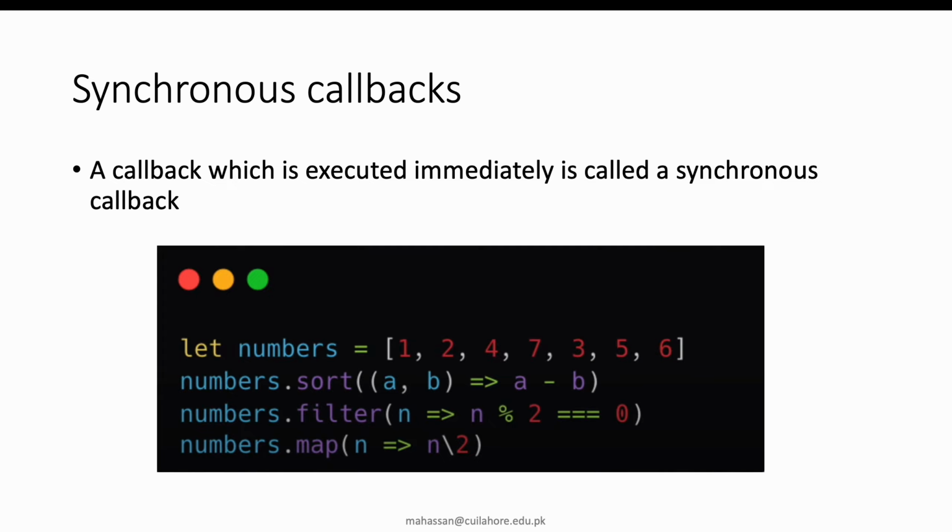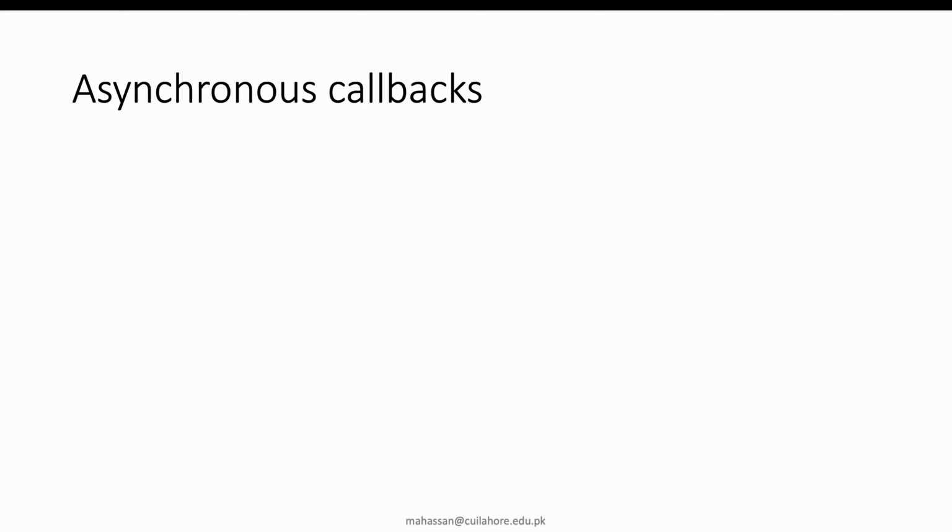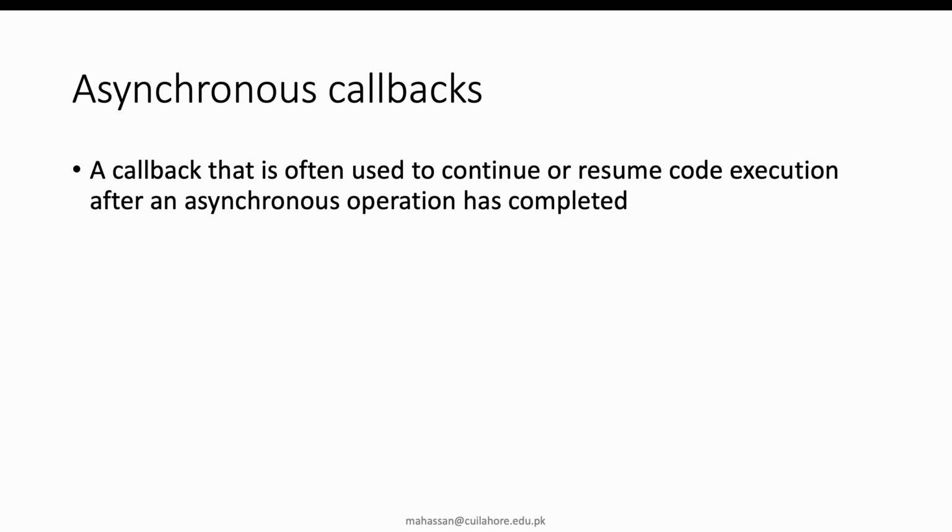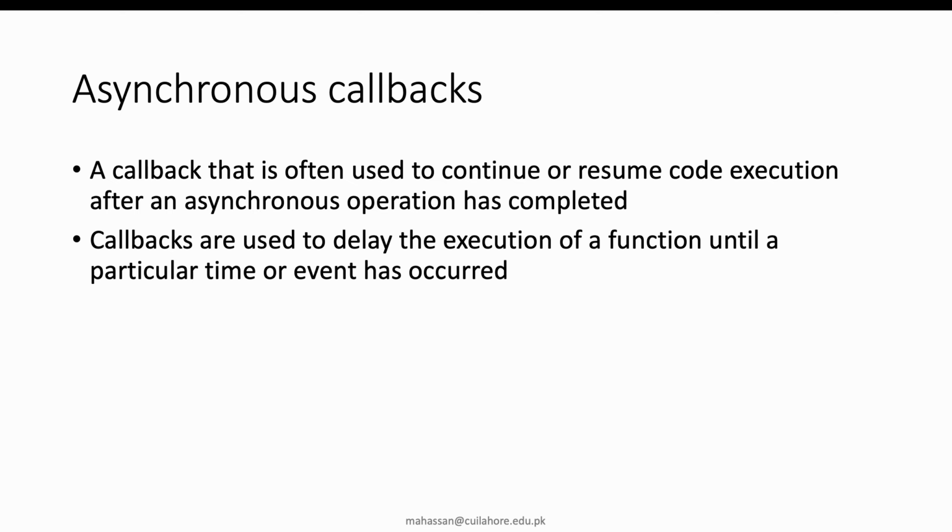Now let's move to the asynchronous callbacks, which will bring our focus back to asynchronous JavaScript. An asynchronous callback is used to continue or resume code execution after an asynchronous operation has completed. In the async world, callbacks are used to delay the execution of a function until a specific time or event occurs.